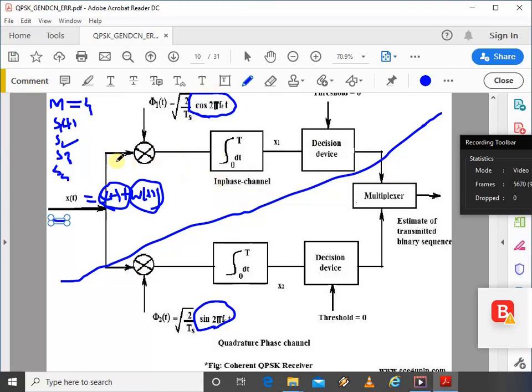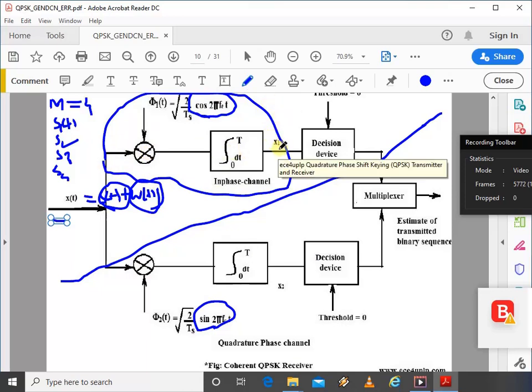Here the in-phase channel contains this correlator, a combination of a product modulator along with an integrator. It forms a correlator. The output of the correlator is the observation vector x1. How do you write x1? x1 is the product of x of t and the basis function phi1 of t.